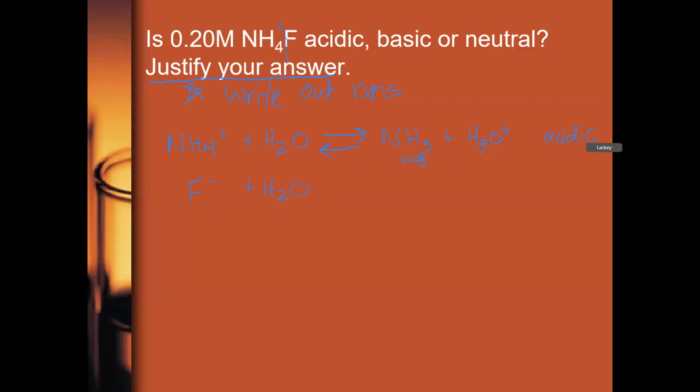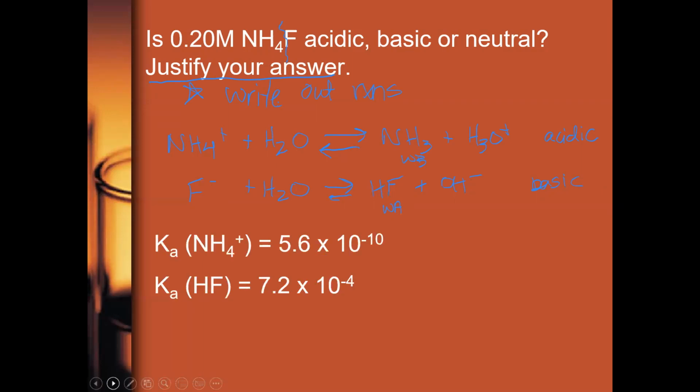Remember, you can't just stop there, you have to do it for both the cation and anion. So for our anion, fluoride, it's negatively charged. It can accept that hydrogen, make hydrofluoric acid, and leave behind a hydroxide. Hydrofluoric acid is a weak acid. Therefore, this also acts as being basic. So yet again, we have both. We need to figure out, is this acidic or basic? So we need to compare our Ka and Kb values.